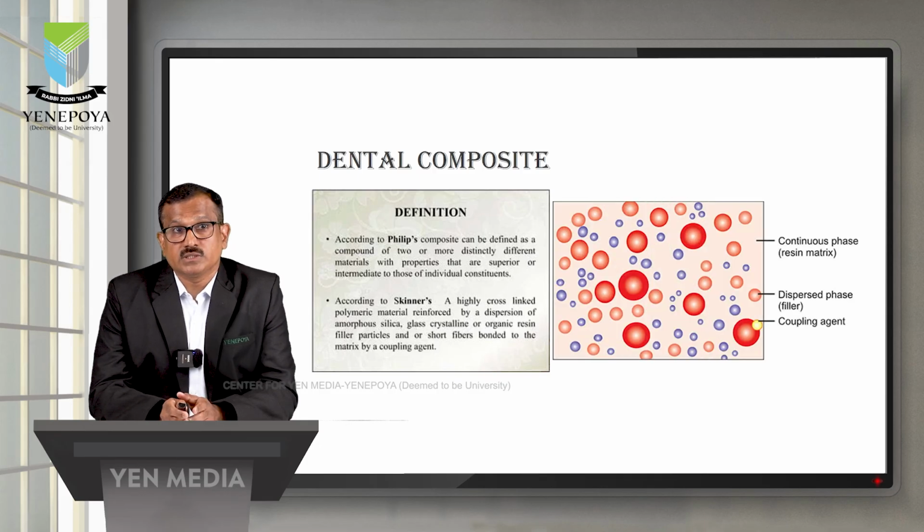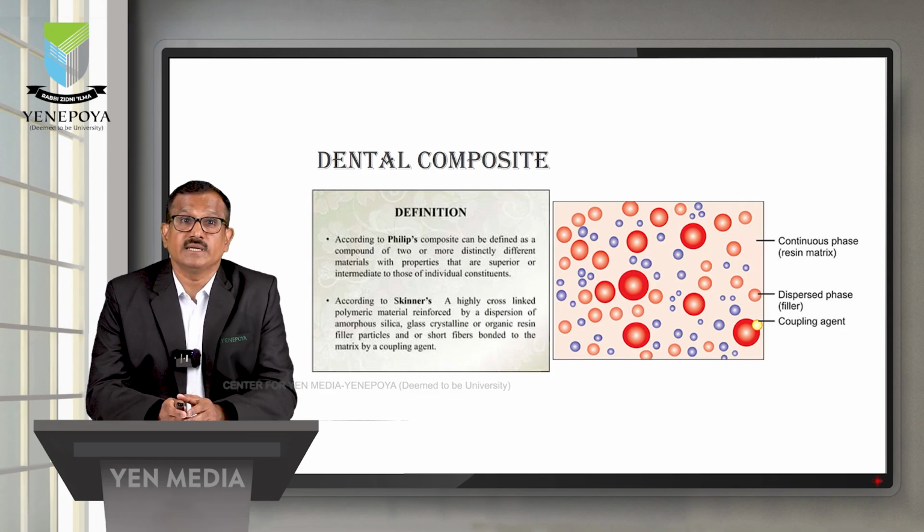So let's understand what dental composite is first. According to Phillips, we all know that a composite can be defined as a compound of two or more distinctly different materials with properties that are superior or intermediate to those of the individual constituents.